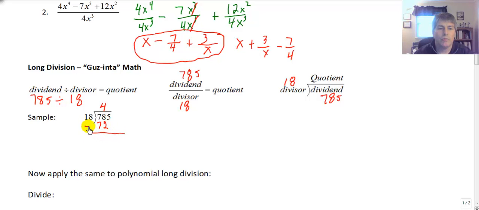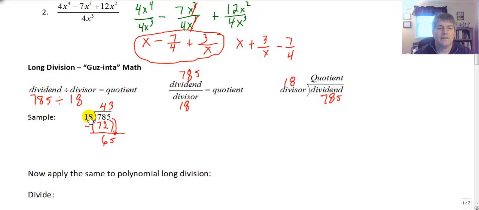And then what we do is we subtract that entire 72. And 78 minus 72 is 6. And then we bring down the 5. And we ask ourselves again, how many times does 18 go into 65? Well, 18 goes into 65 3 times.